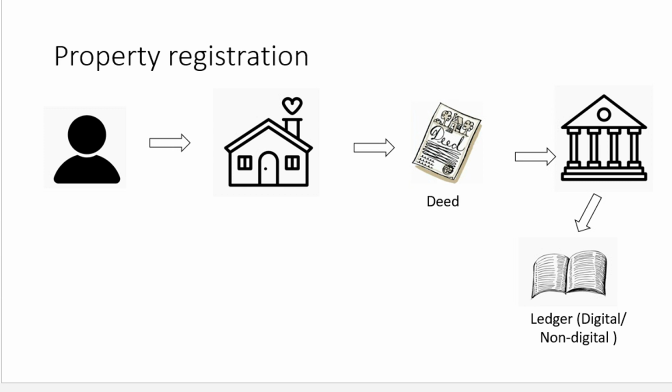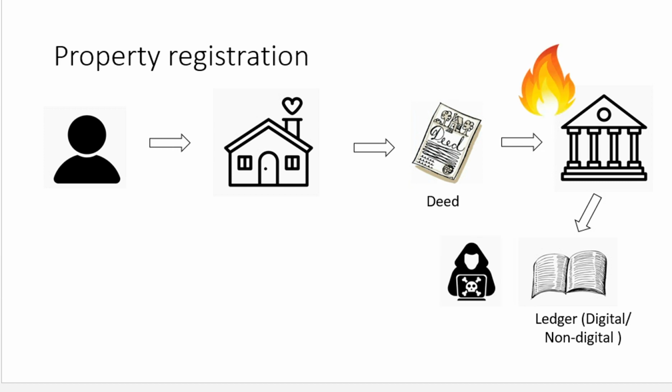Now imagine a scenario: what if the building burns down, a fire happens, or some natural event happens, maybe a flood or any other natural disaster? Or what if somebody steals the book, or somebody wants to come along and change that entry? It means that all of a sudden you do not have the ownership of the house anymore.